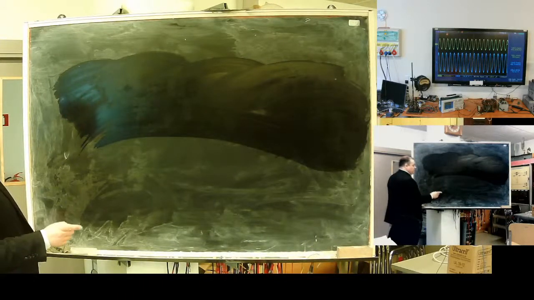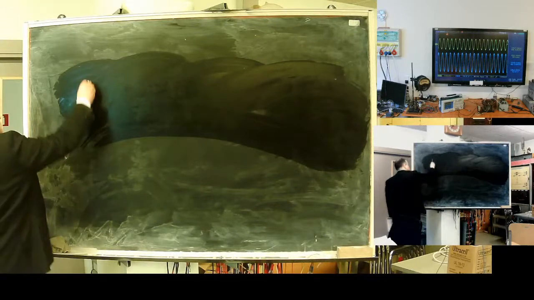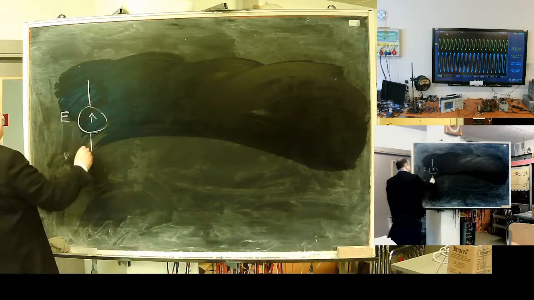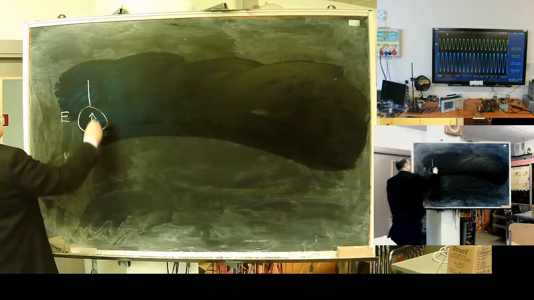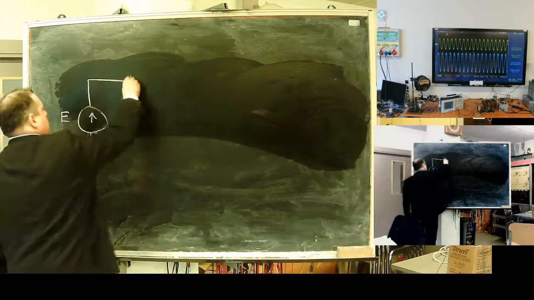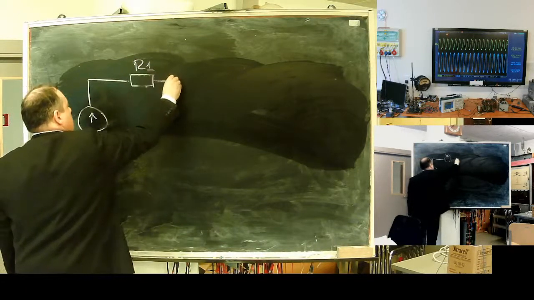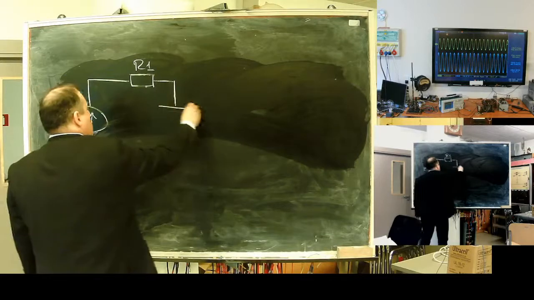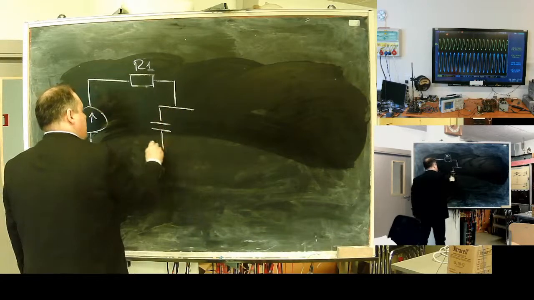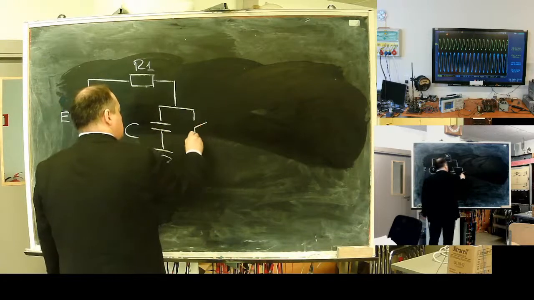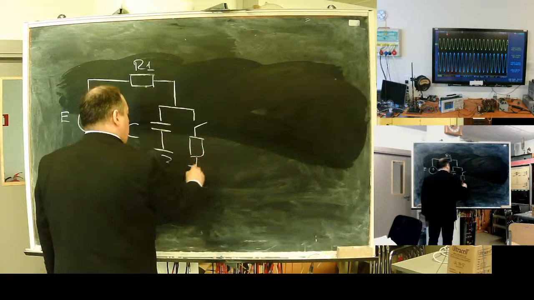Let's take, for example, network E, with R1, switch, and R2.